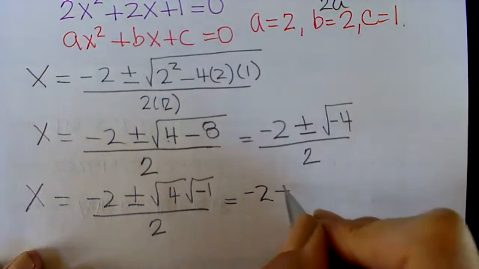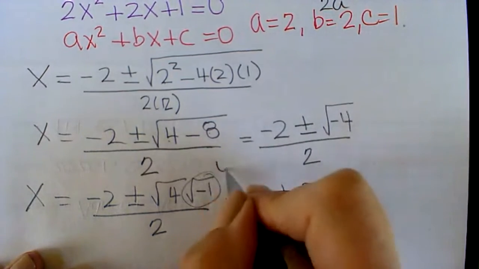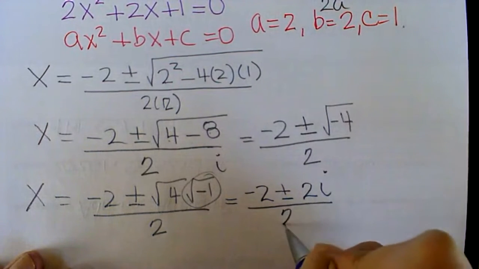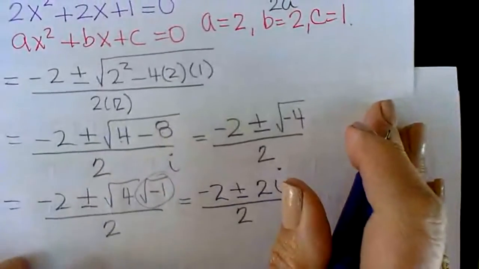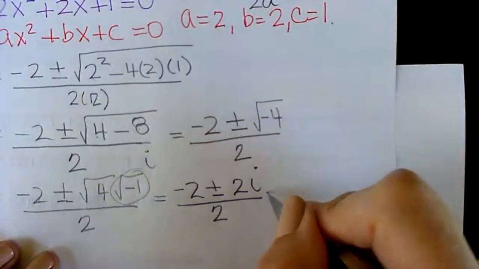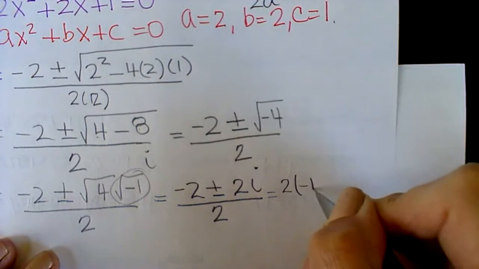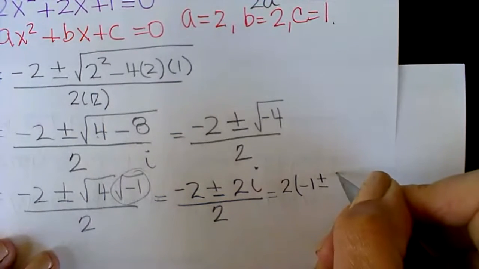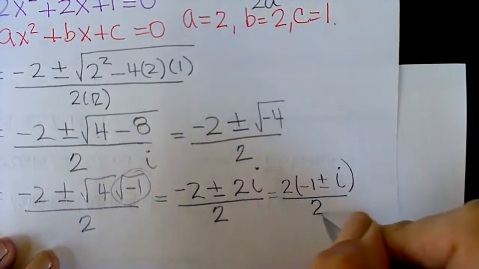So we have the 2 plus or minus the square root of 2, which is i, divided by 2. Now I'm going to factor the 2. So I get negative 1 plus or minus i divided by 2.